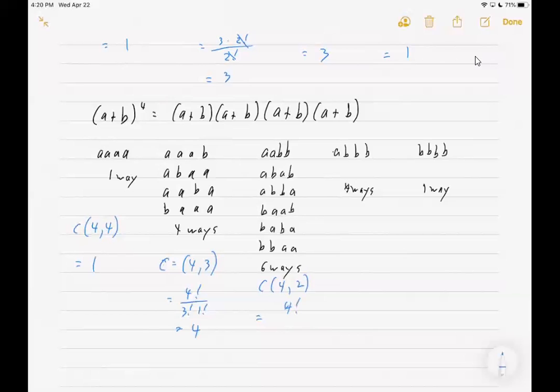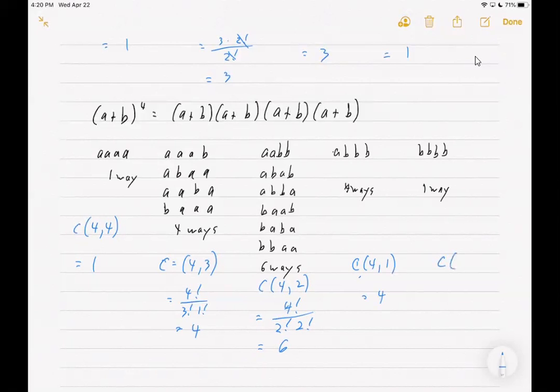So you had 4 factorial, you have to divide by the number of A's you have, and you have to divide by the number of B's that you have. And this does in fact give you 6. And this would be the combination of 4 things taken, let's see, 1 at a time, which ends up being the same as taking 3 of them. So that's a 4.